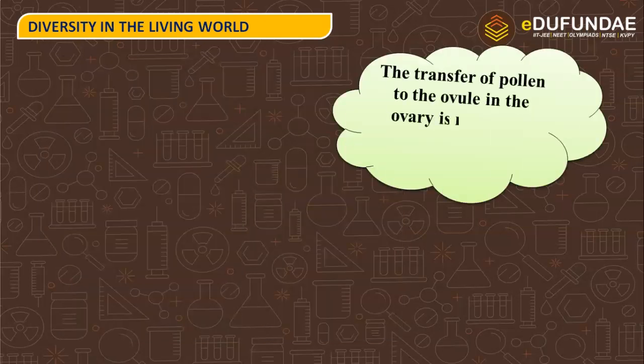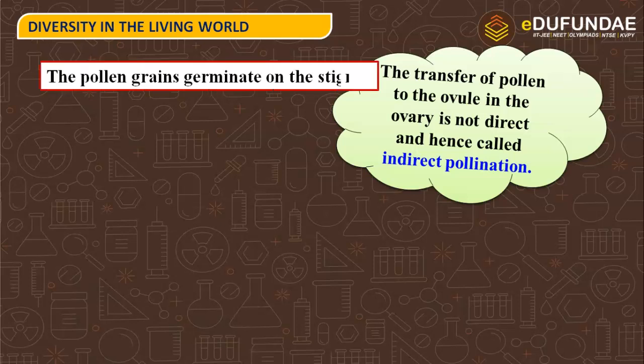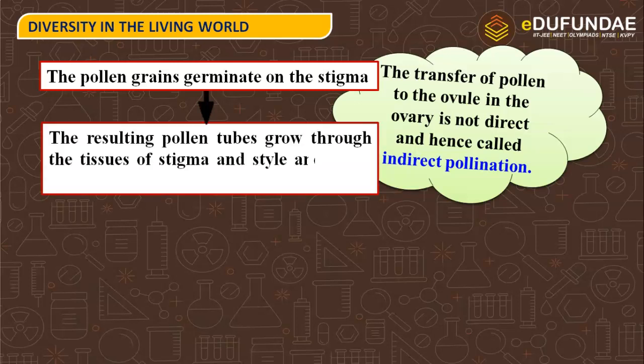The transfer of the pollen to the ovule in the ovary is not direct and hence called indirect pollination. The pollen grains germinate on the stigma, and that would lead to the formation of the pollen tubes that grow through the tissues of stigma and style and reach the ovule.